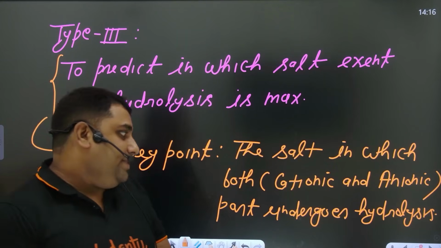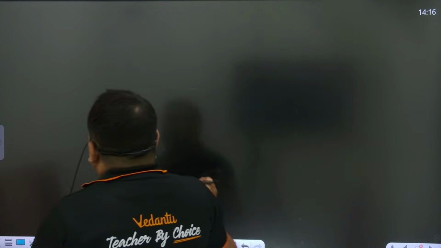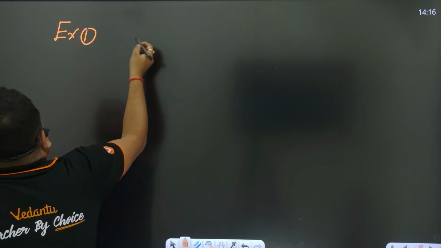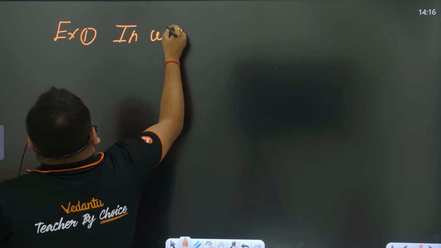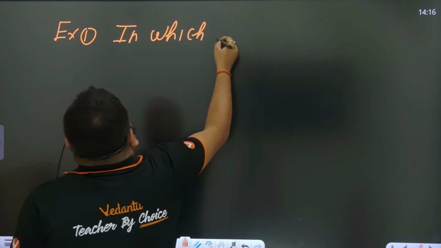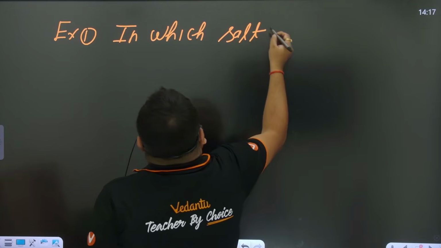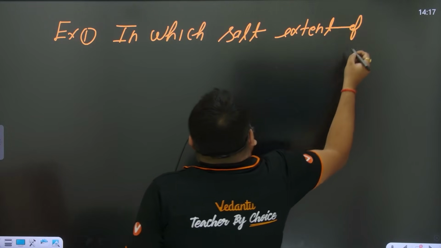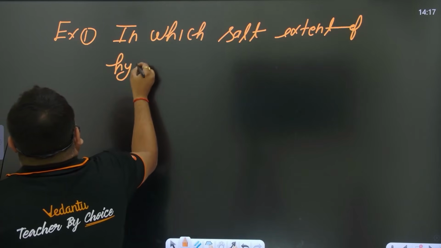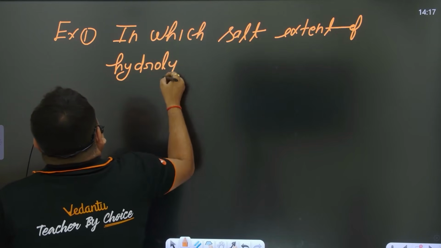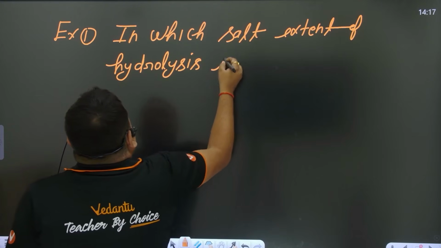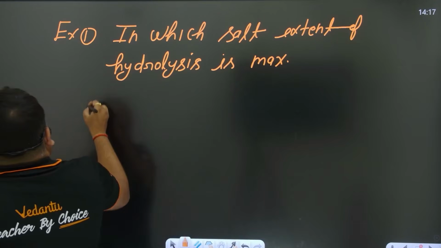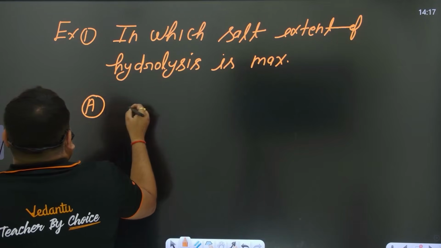Now let us see one example. For example, they ask in which salt extent of hydrolysis is maximum. Option A is NaCl.